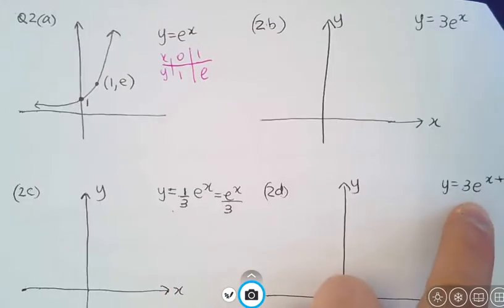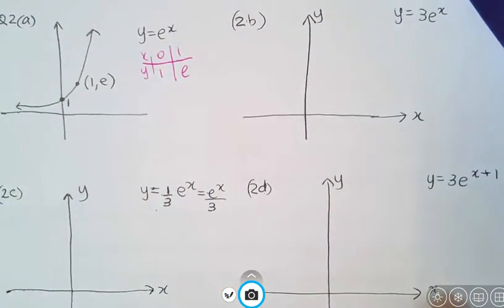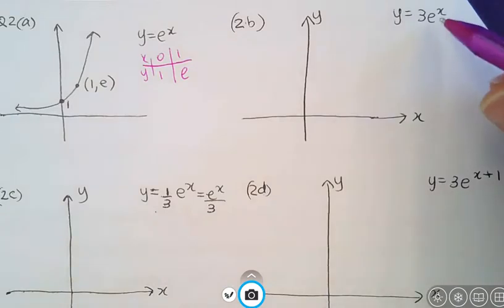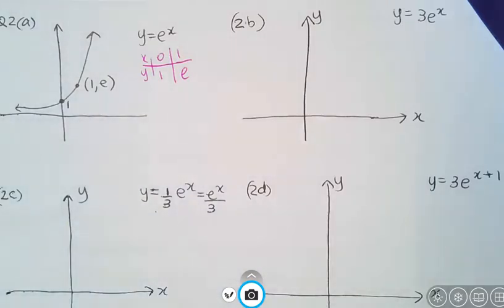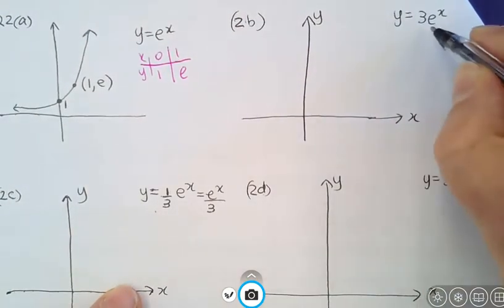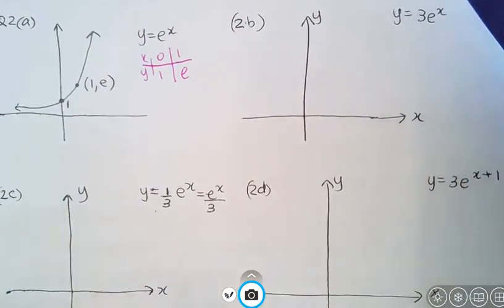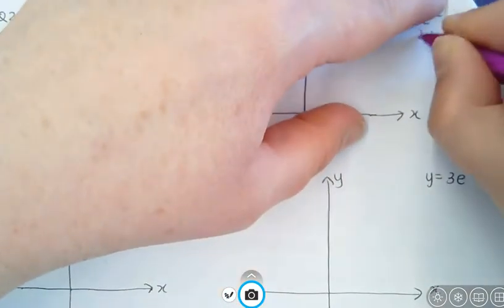And then we're going to do the same graph as the top one with a sideways shift. So this one we're thinking stretched vertically, or stretched by a factor of 3 from the x-axis. Okay, so what's the first point? But be very, very careful. When x is 0, what do you get? Don't put 1.